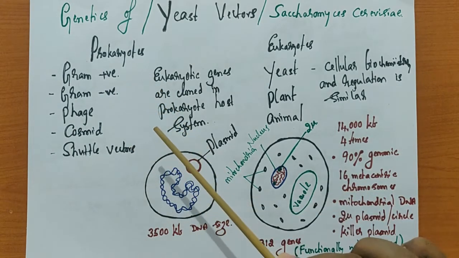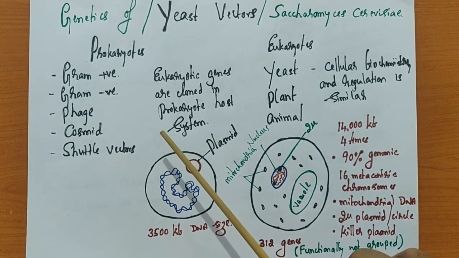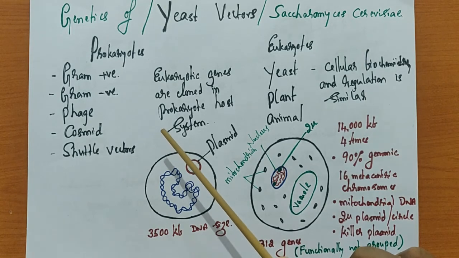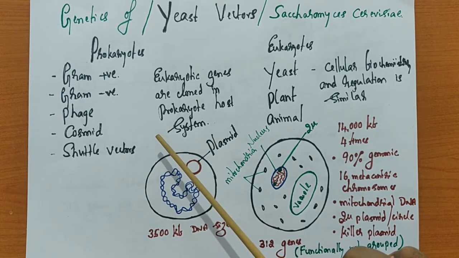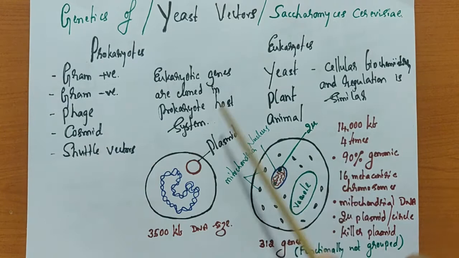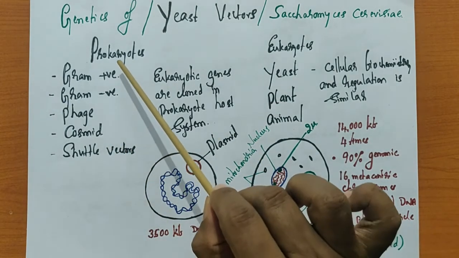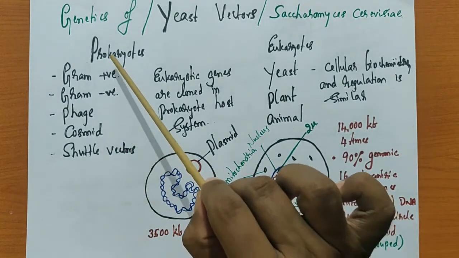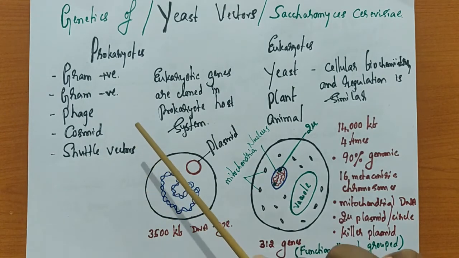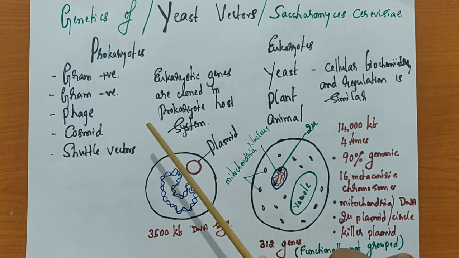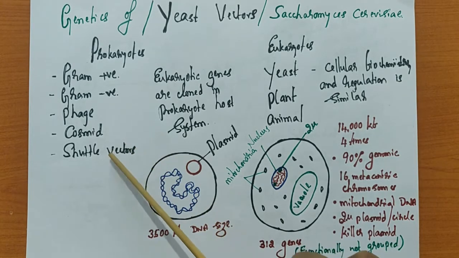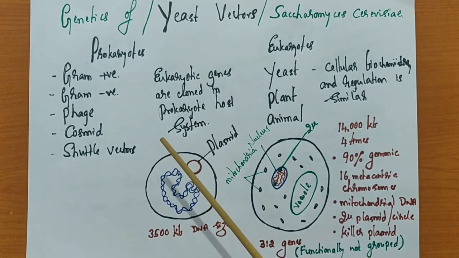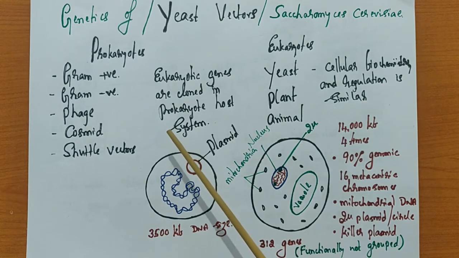In order to express several important proteins, we also need to create expression vectors. All those things I think we have discussed in detail with respect to the prokaryotes. In prokaryotes, for the identification of a clone, we used a marker, and the marker in all these cases happens to be an antibiotic resistance gene.